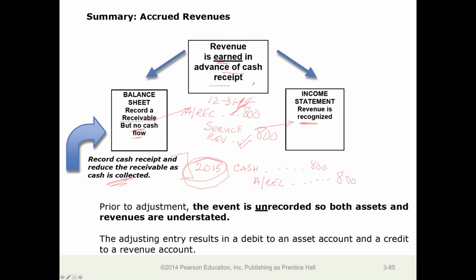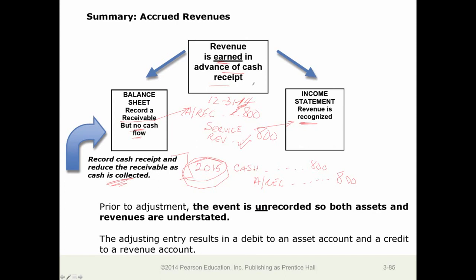Under the cash basis, when you collect, and by the way, let me go back to that. Under the accrual basis, when we collect that receivable, it doesn't affect revenue. So assuming there's no other revenues taking place in 2015, this should make perfect sense. The service was provided in 2014. That's when you recognize the revenue.